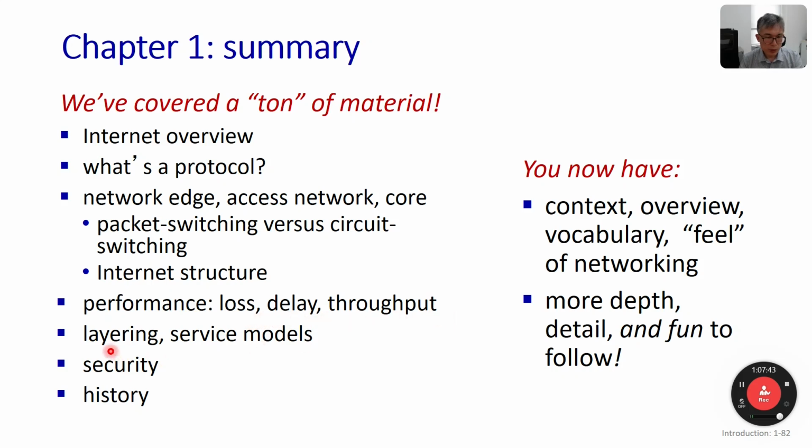And we studied the layering architecture, the motivation, structure, and service model. And we looked at security. And finally, we reviewed the history of the internet. So you now have a basic foundation and knowledge, such as context, overview, and vocabulary for networking study. More depth, detail, and fun to follow.